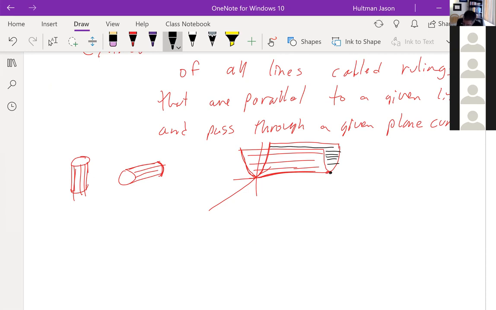And a cylinder will go off in infinite direction, but it's all in a line. It's the surface that consists of all the lines that go in one direction.